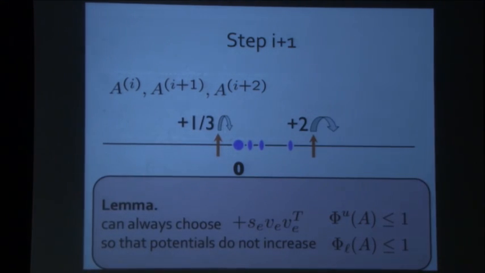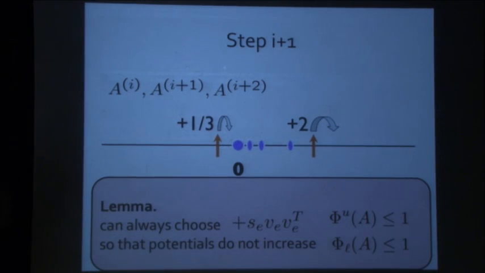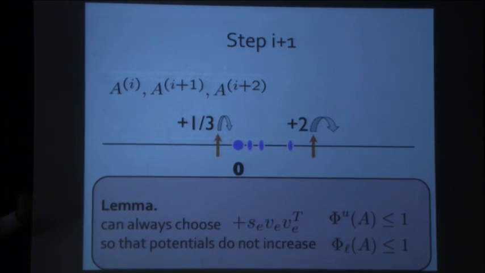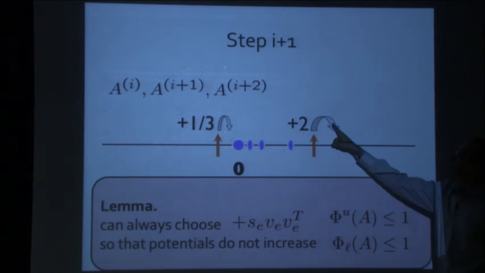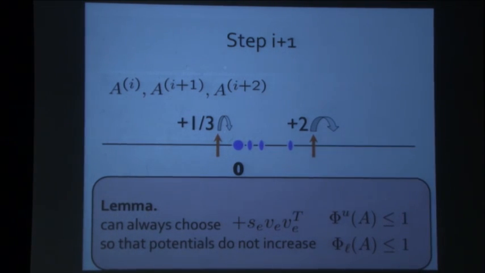And we will prove that given that, there is always a choice of vector in a decomposition of the identity, so that you can add the outer product of that vector to the matrix and move the upper barrier forward 2, the lower barrier forward a third, and still the barrier potential functions will remain less than 1. So this is exactly what we need to do our induction.